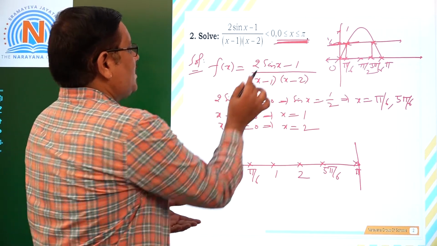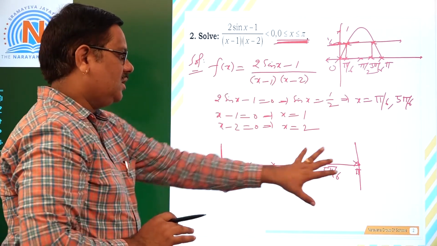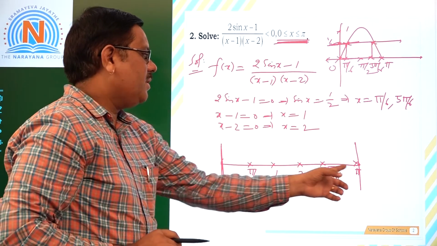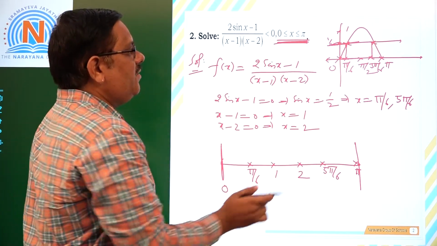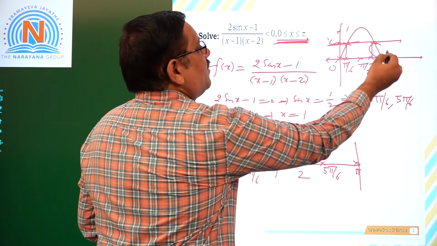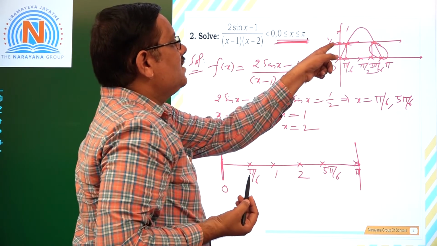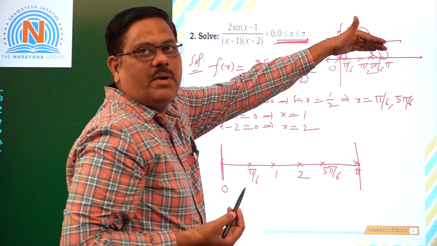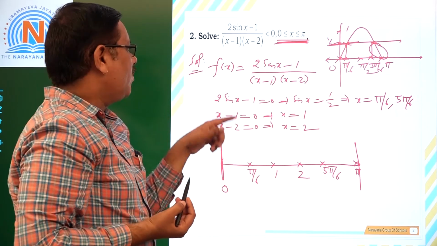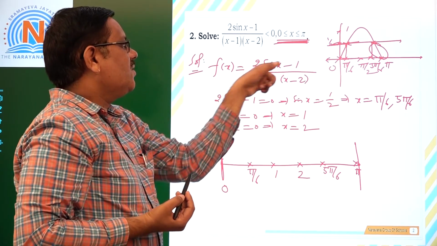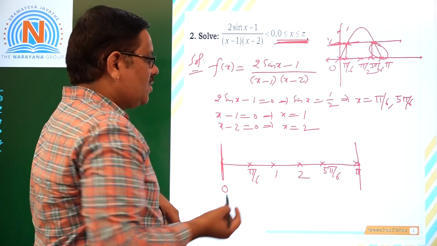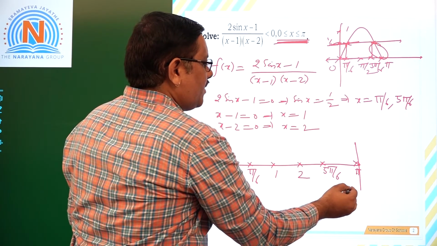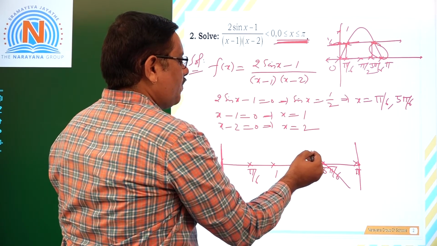Now let us see how the signs change. From 5π/6 to π, sin x is less than 1/2, so 2 sin x − 1 is negative. Here the region is negative, so the curve moves like this.